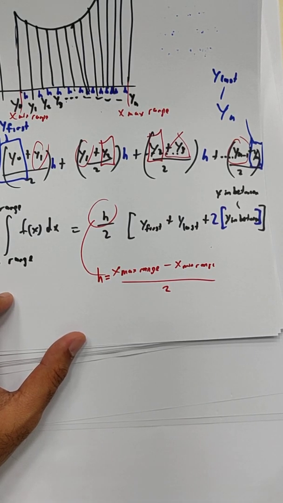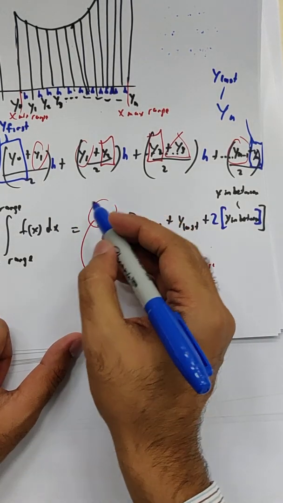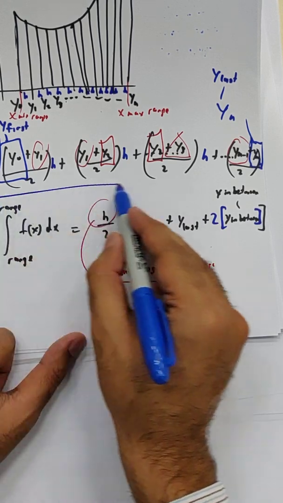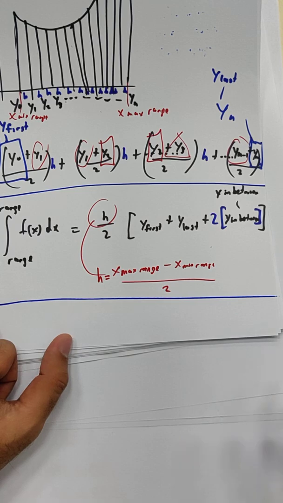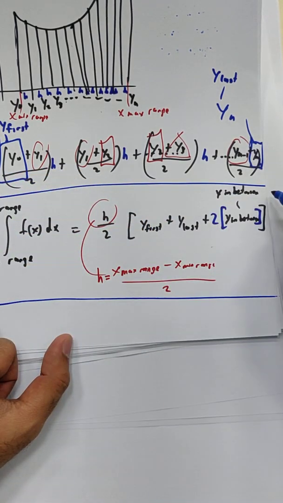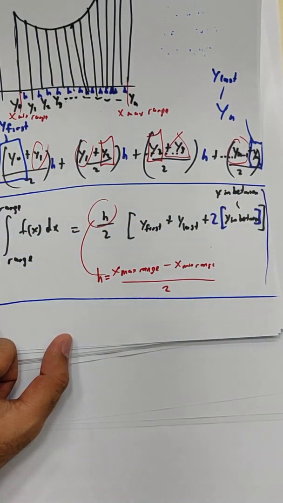Right, so the one that you need to memorize, highlight it down again, is this. Okay.